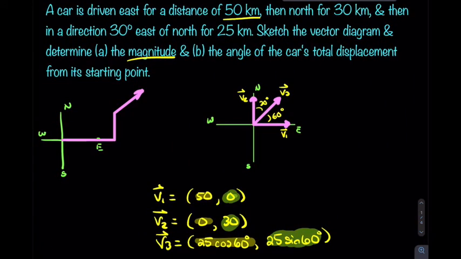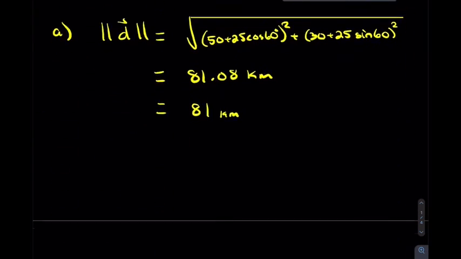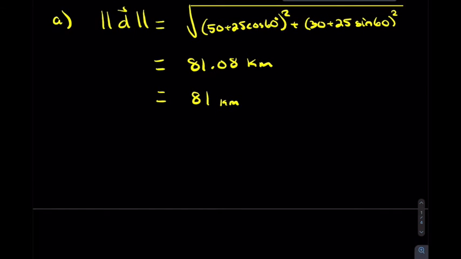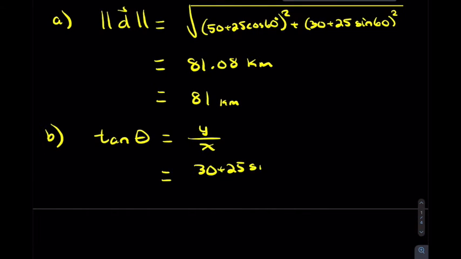Okay, now we want the angle. So to find the angle, here's what we know. We know that this will be B, so tan of the angle will be the y over x components. So that equals 30 plus 25 sine 60 over 50 plus 25 cos 60.